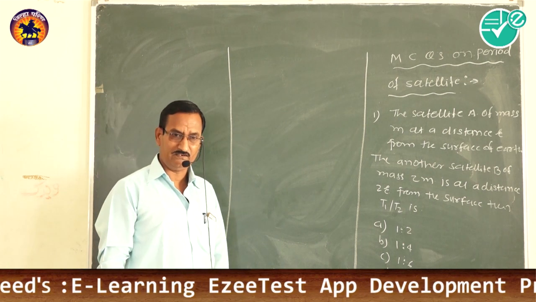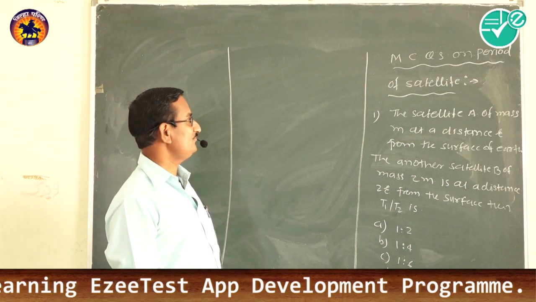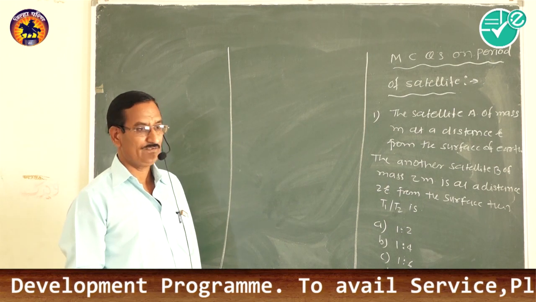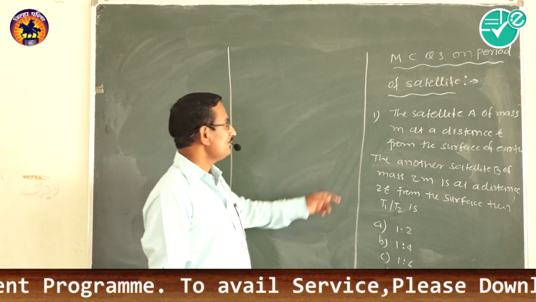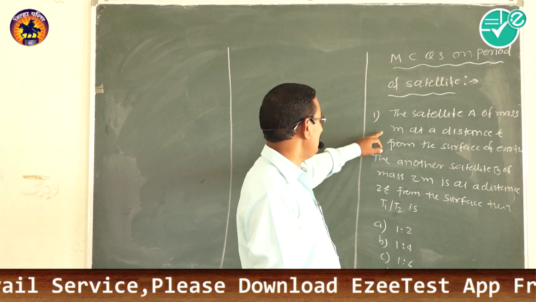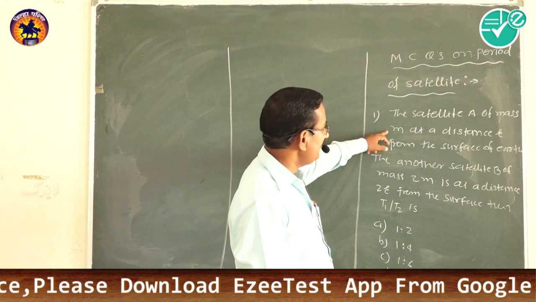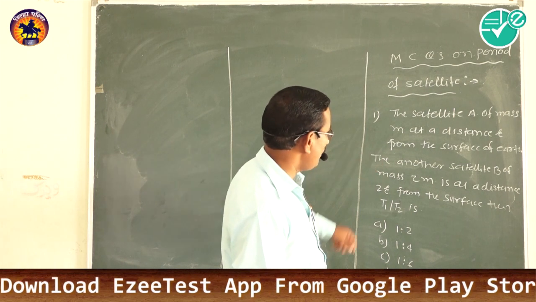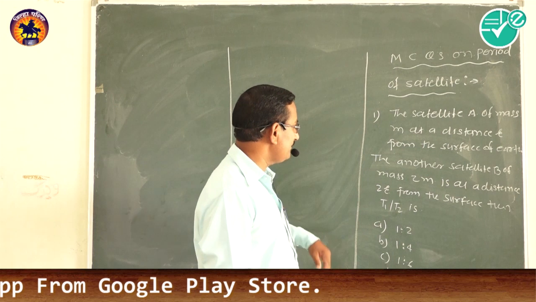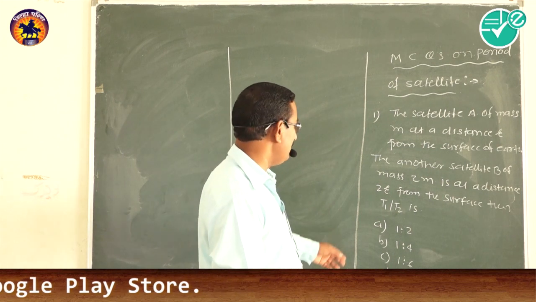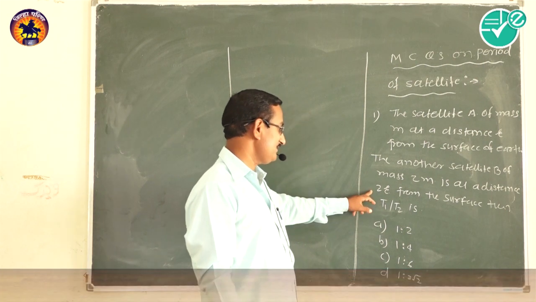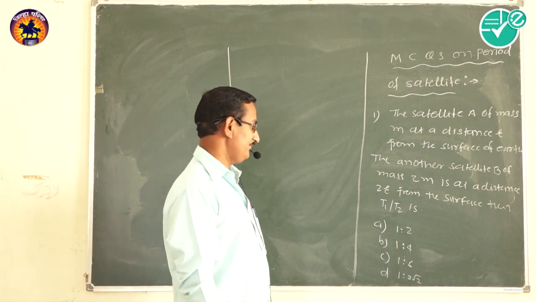From these articles, many MCQs are asked in examinations, such as: satellite A of mass m is at a distance r from the surface of Earth. Another satellite of mass 2m is at a distance 2r from the surface.